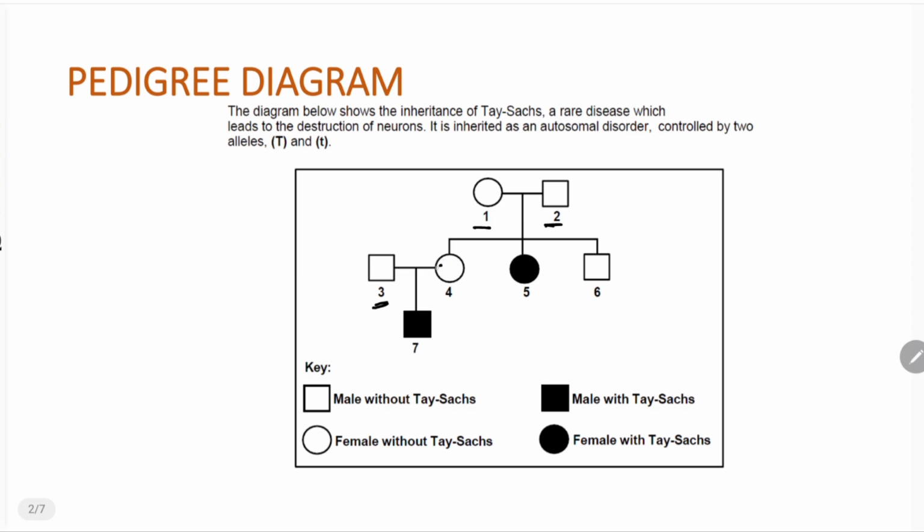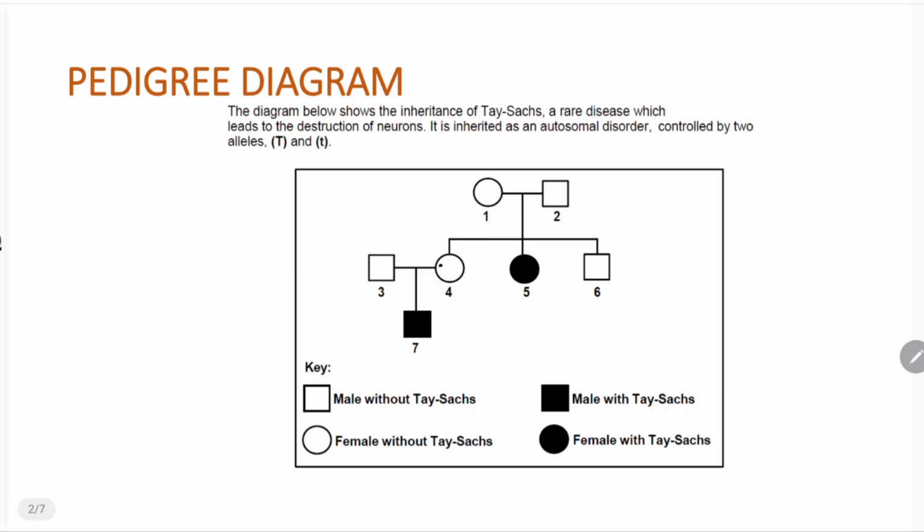So individual 3 and 4 are connected by this horizontal line, so they are parents, and the vertical line arising from it shows that number 7 is a child of individual 3 and individual 4. So that is basically how we read these pedigree diagrams, right? So let's wrap this up and get to it.